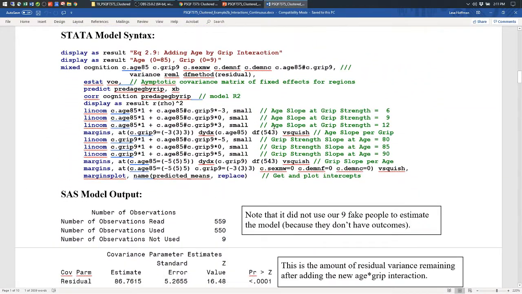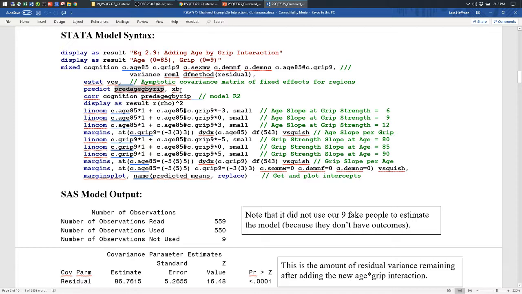Let me skip ahead. Here's the analog in Stata. So single hashtag creates an interaction term between age and grip strength. Estat VCE is how you get to your asymptotic covariance matrix in Stata. That's the analog of COV-B. Predict is the new variable that is going to be added to the current data set.